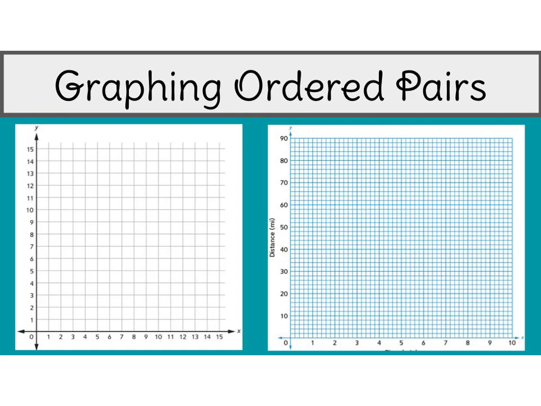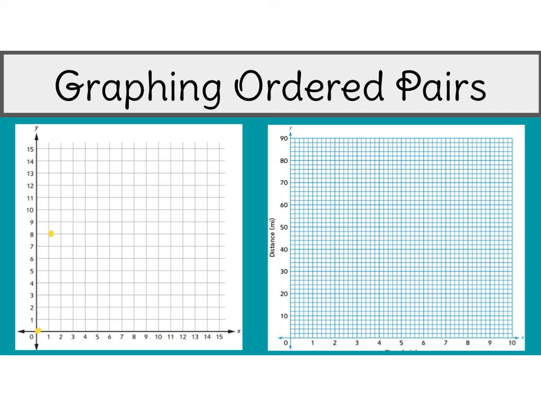So you'll notice here that I have a couple of different graphs. So if we take a look at the graph on the left side here, and we wanted to place the ordered pairs 0 and 0, we wouldn't have any problem doing that, right? 0 and 0 are going to be located right here. And then if I asked you to plot 1 and 8, we would go over 1, up 8, and we would place our dot here.